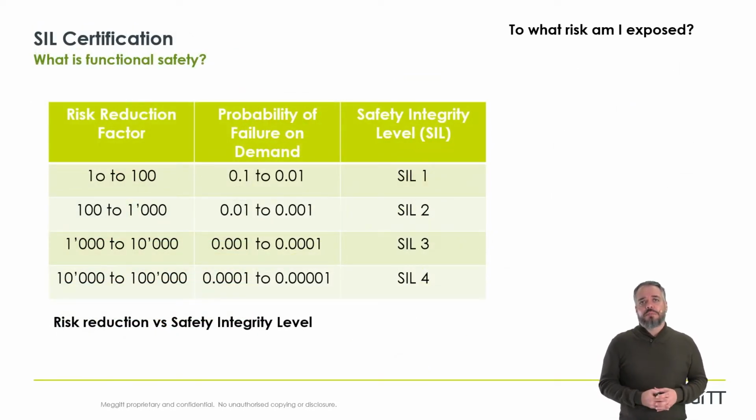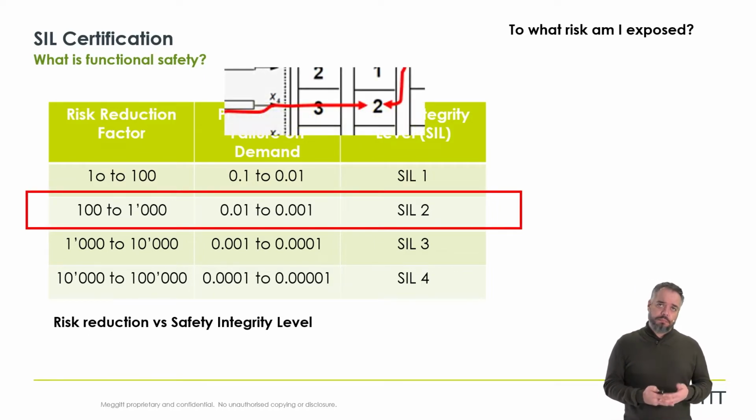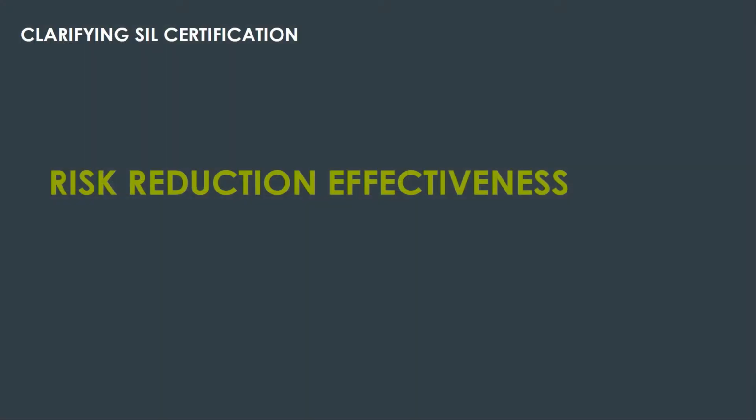The risk reduction measures effectiveness is translated into accepted probability of failure and ultimately into the IEC61508 SIL levels that we hear about. For example, if based on my risk analysis I must reduce risk 500 times in order for it to be acceptable, my safety instrumented system must comply with SIL 2.